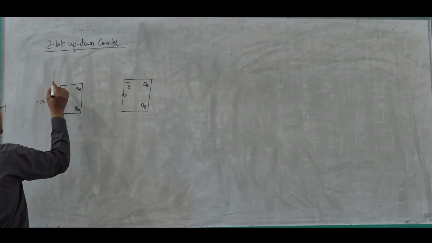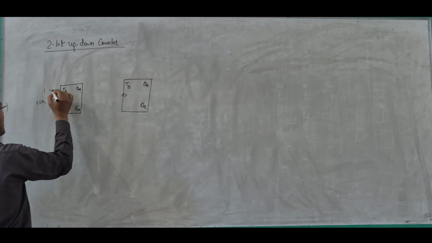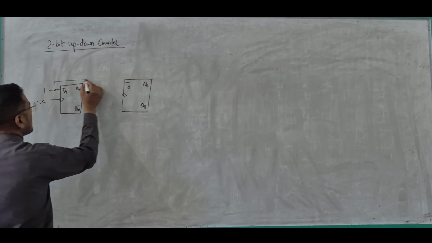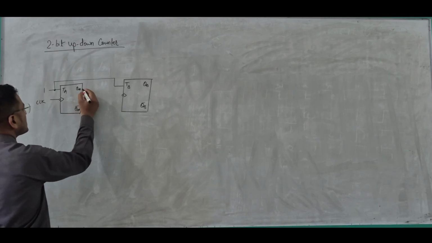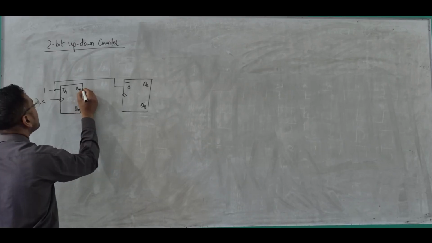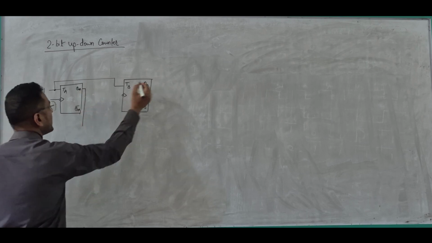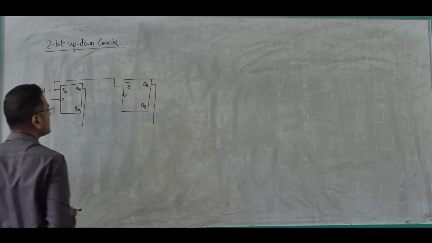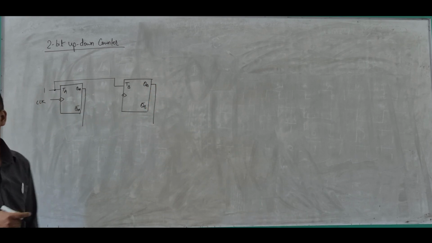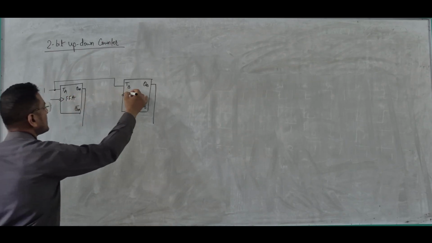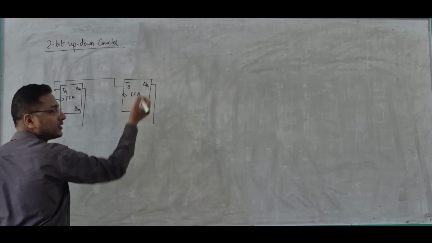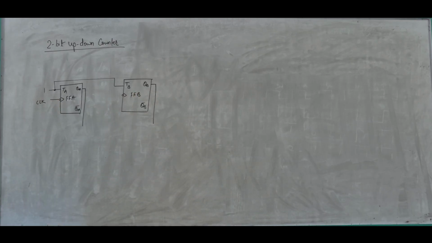And it works when J and K should be equal to 1. And the outputs are QA and QB. So this is FFA, this is FFB.